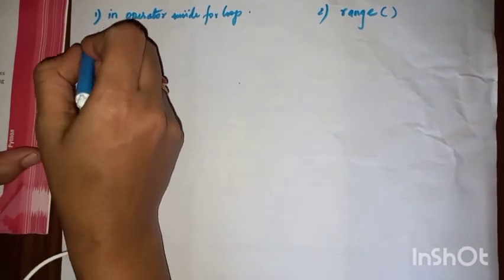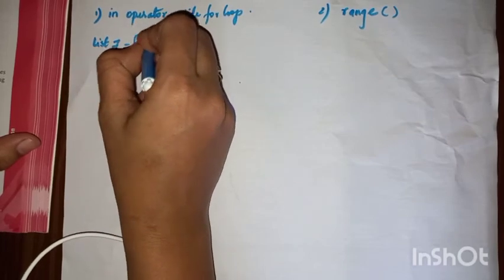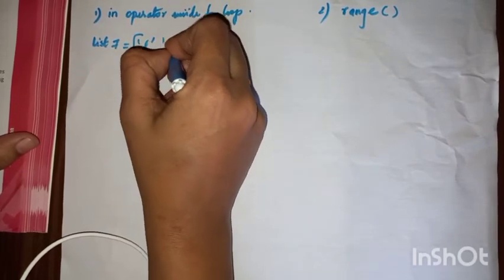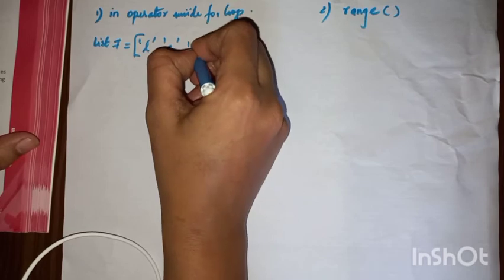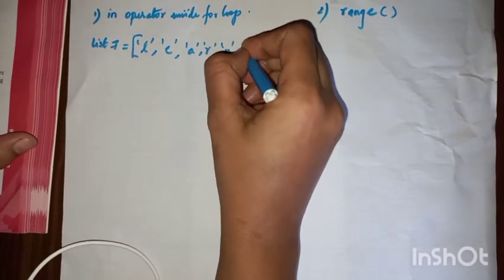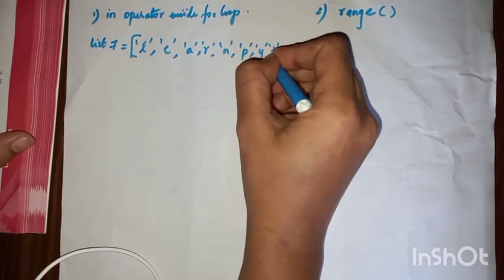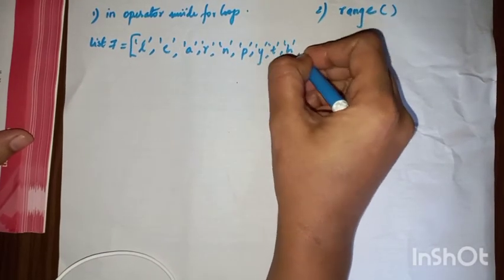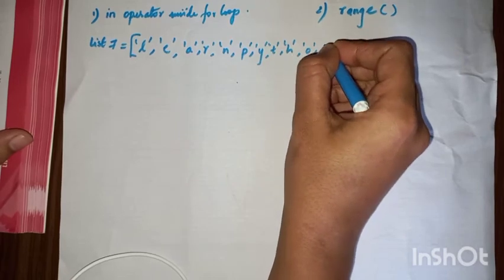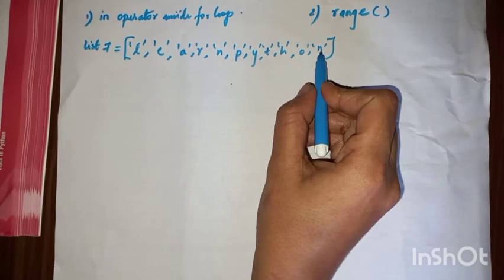Let us see an example which is in our textbook. list7 is equal to L, E, A, R, N, P, H, O, N. So this is a list.